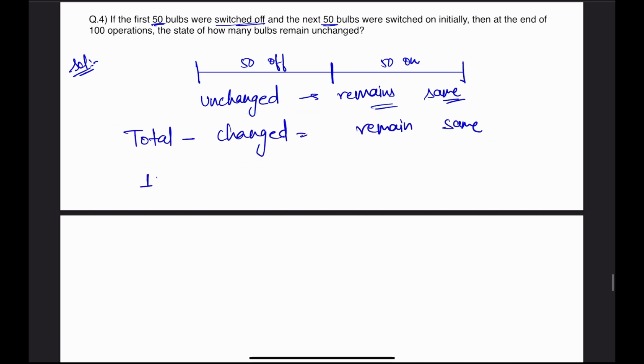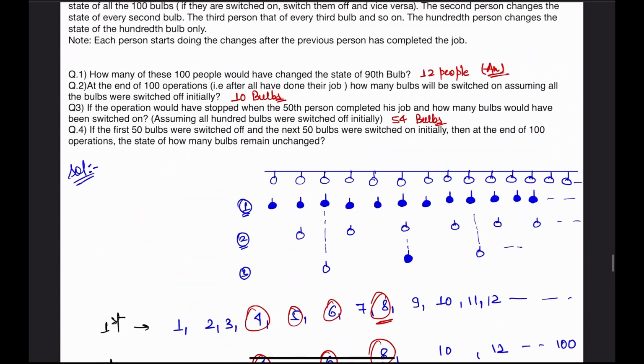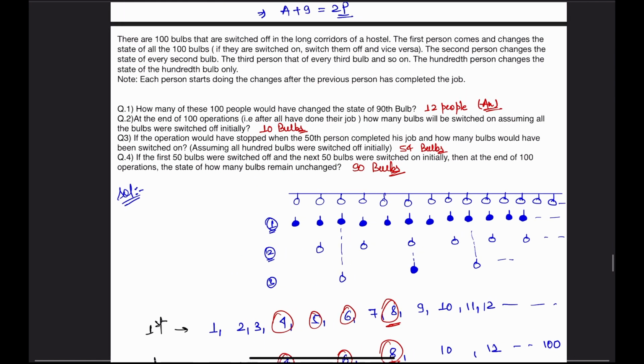The total is how much? 100, and changed is 10. So 90 will be the answer. For the bulbs which are not changed, I don't need to focus on which 50 are on or off. I just use the initial concept and solve the question. So the answer to the last one is 90 bulbs. So yeah, this question is also done.